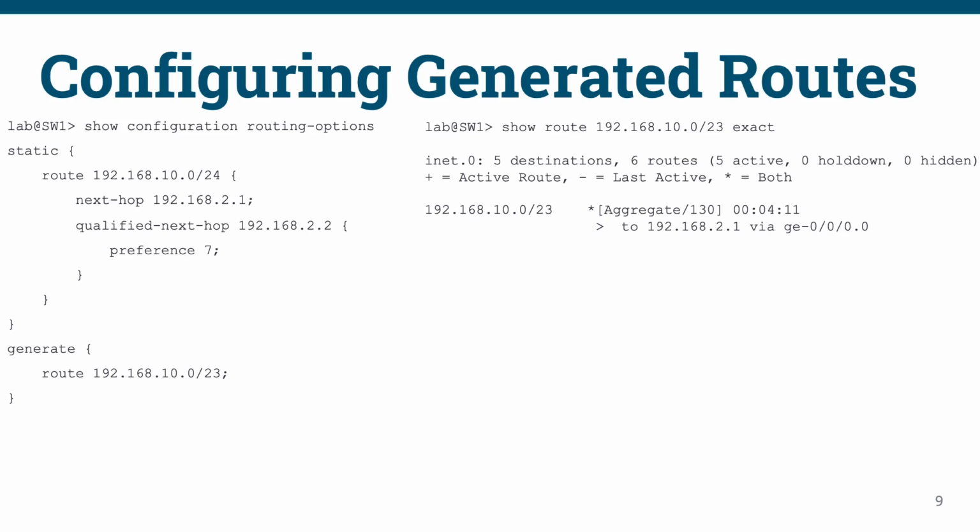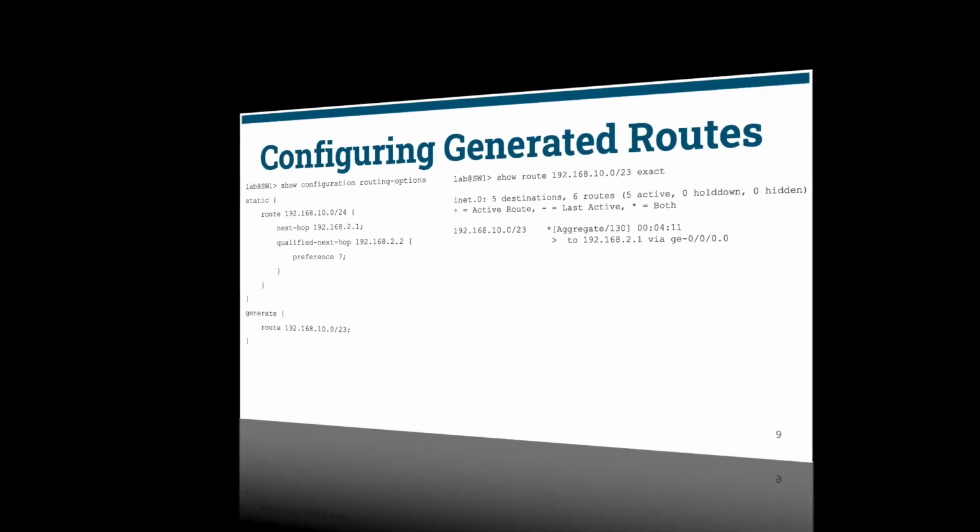Whereas the aggregate route will draw traffic towards the local router due to the route advertisements for the summary or aggregate route. Any traffic destined for an address not included in the specific contributing routes, but is included in the aggregate, will be dropped.